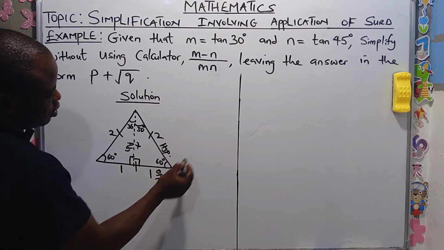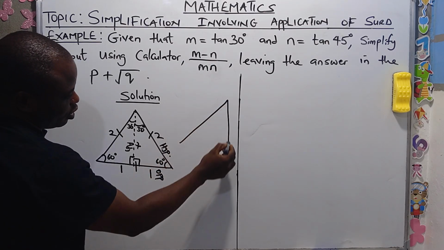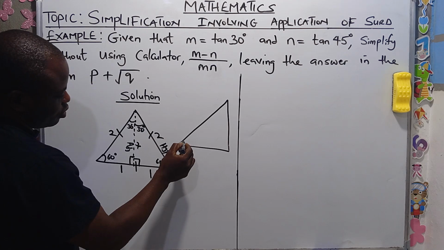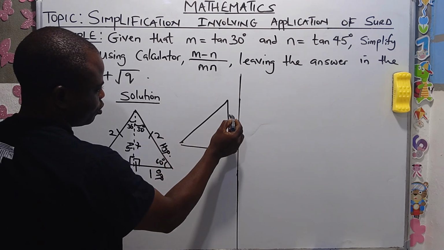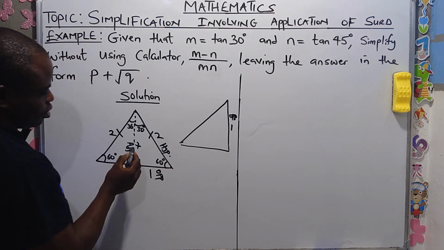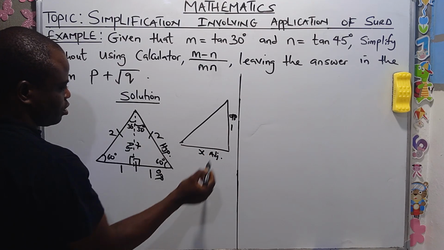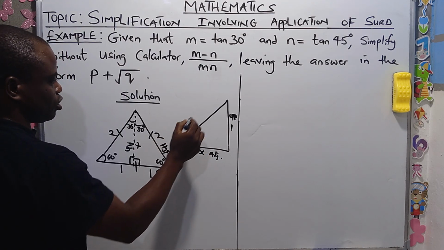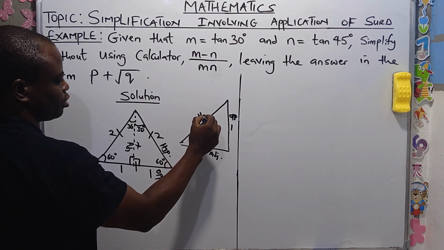Okay. Let's draw the triangle properly. This is 1, which is the opposite. This x is the adjacent, and this 2 is the hypotenuse.